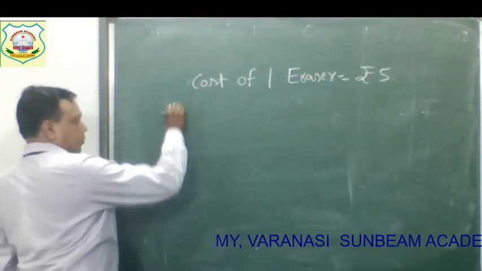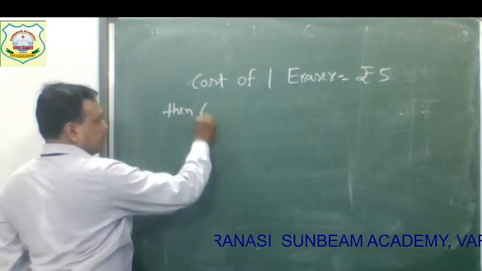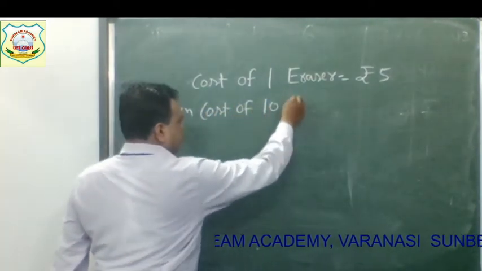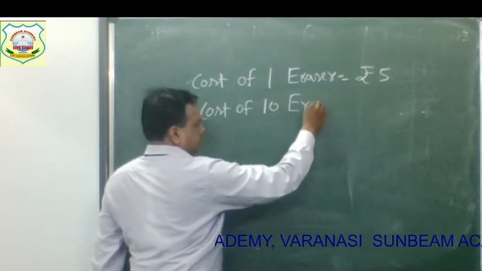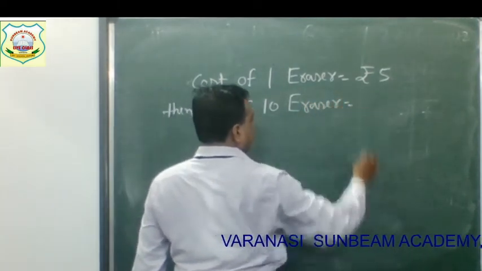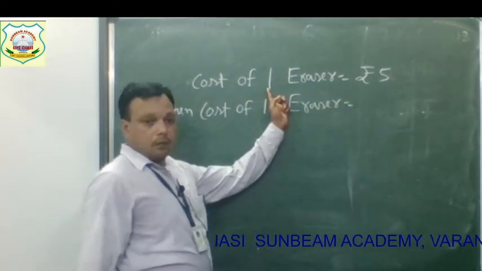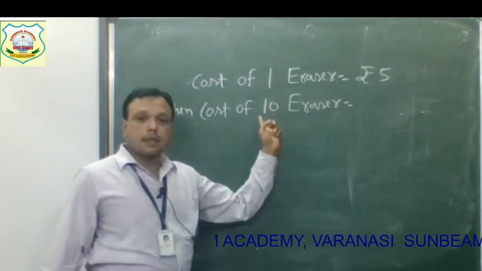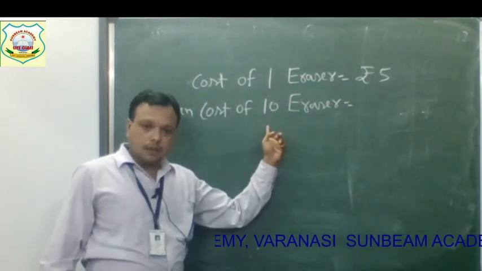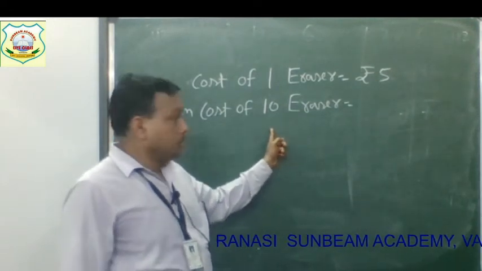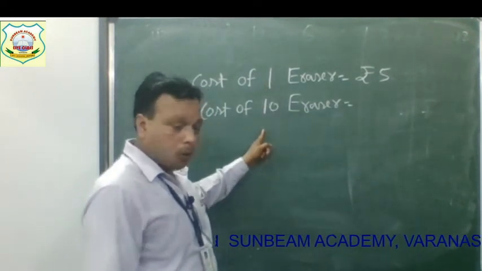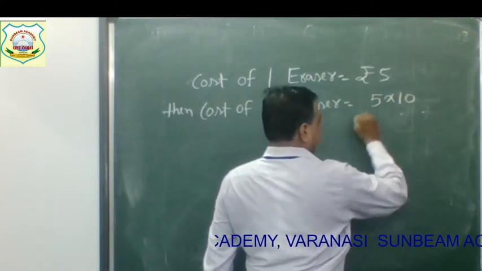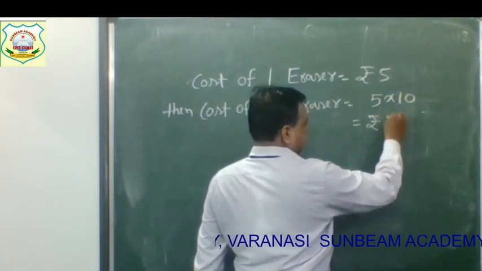Then what will be the cost of 10 erasers? What do you have to do? If 1 is given and they ask for 10, means less is given and asking for more, in that case we always multiply. Less is given, more is asked, so multiply. 5 multiplied by 10 is rupees 50.